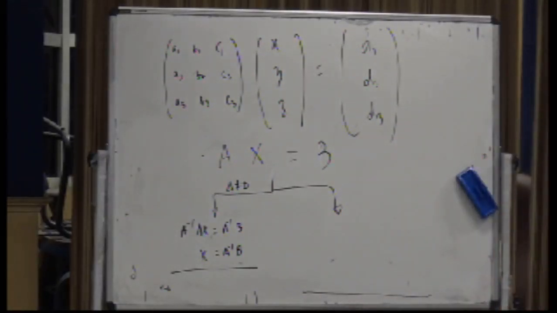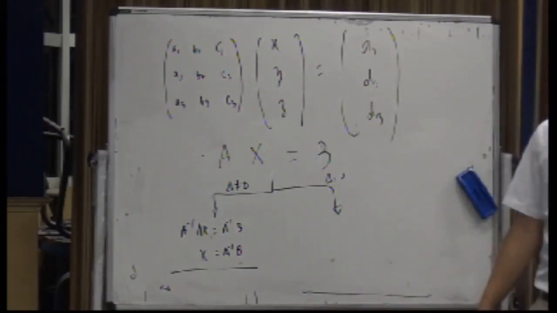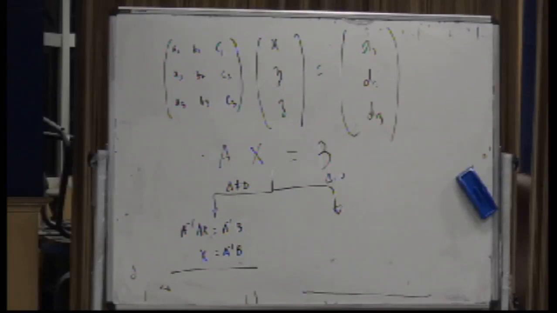Right? Now the problem comes here. When det is 0, what are you going to do? You are going to take the help of Mr. Adjoint.